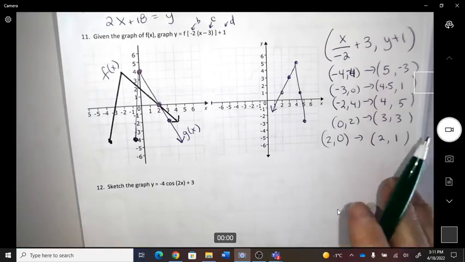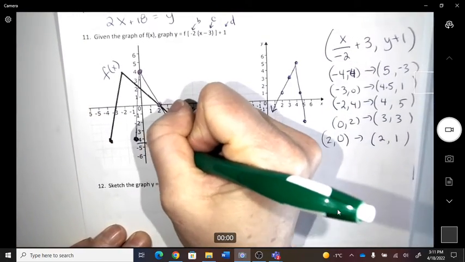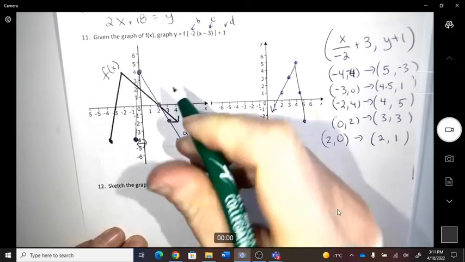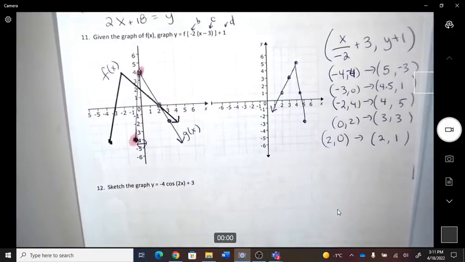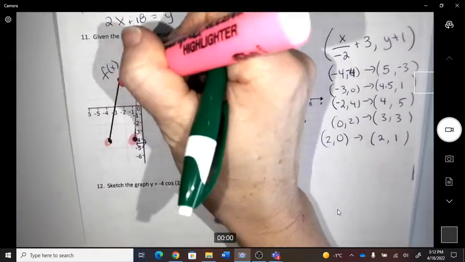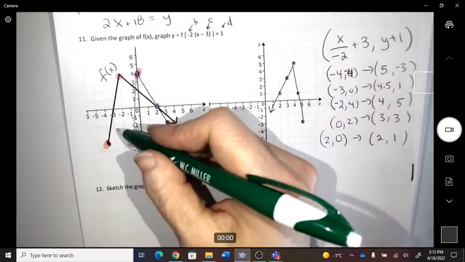Do you see how, here, what's the distance between these coordinates? How much horizontal space is there between those two? 1. How much horizontal space was between them before? 3. 2.